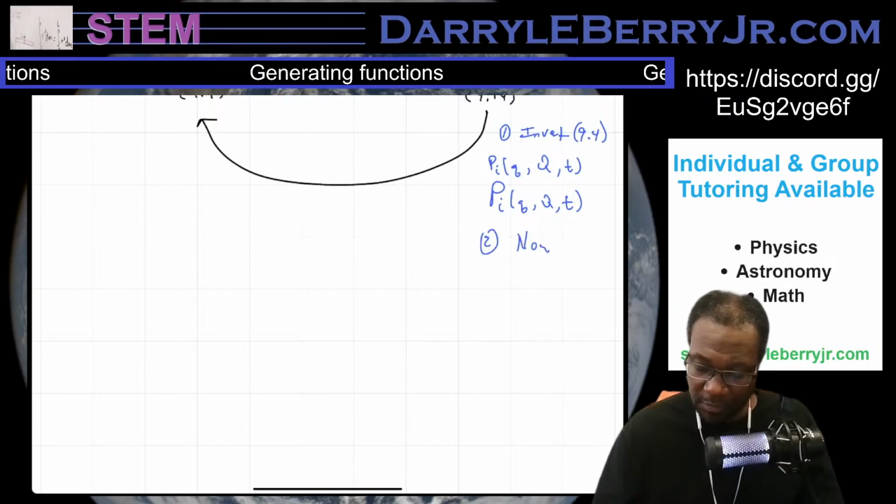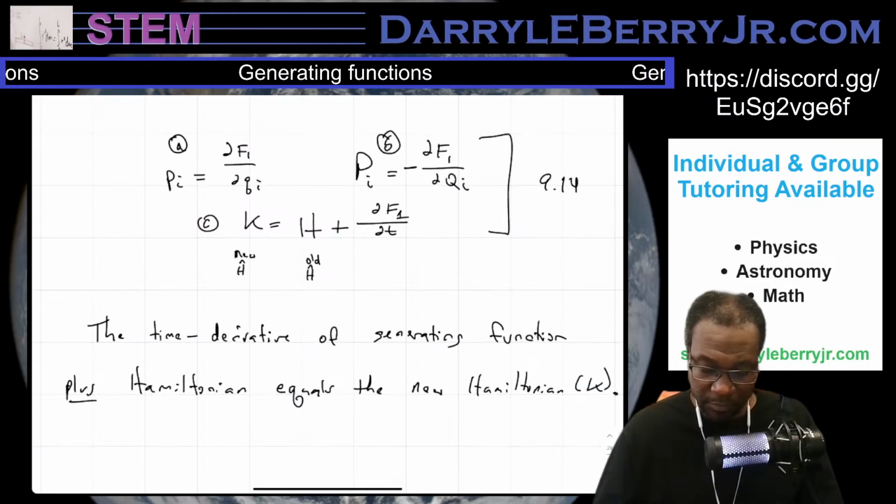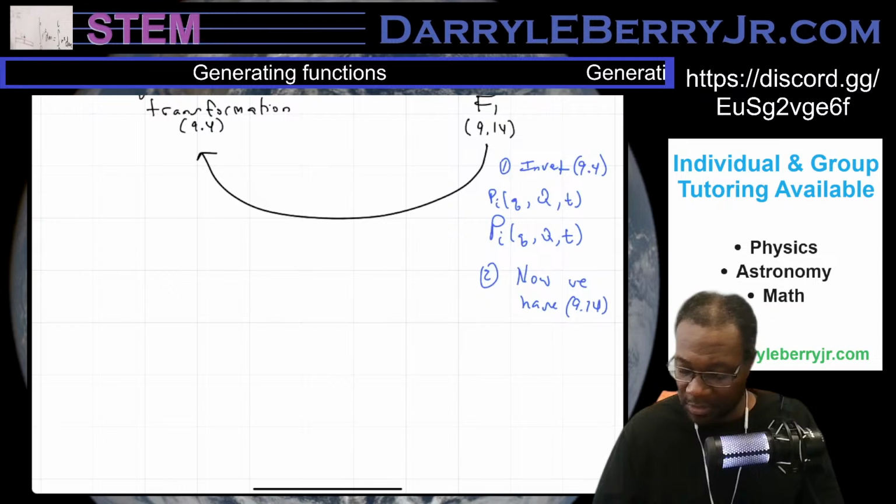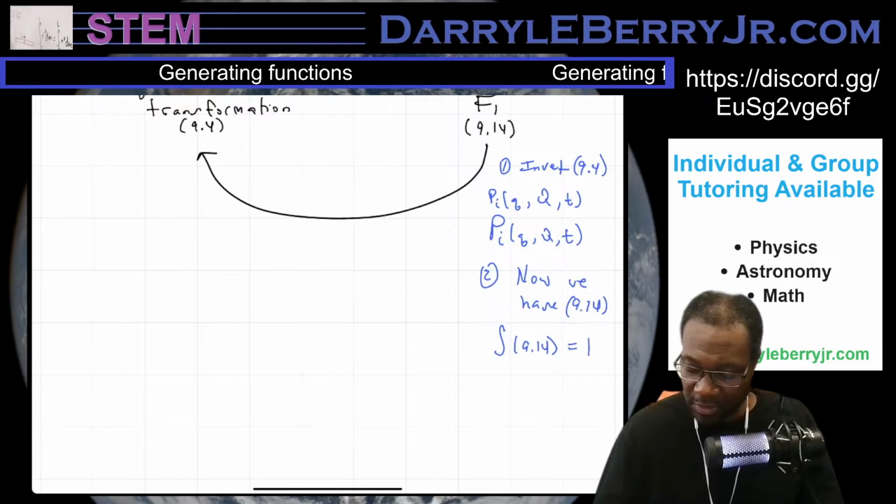So now 9.14, integrate 9.14 to get the generating function.